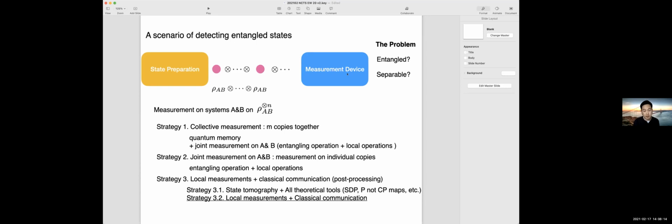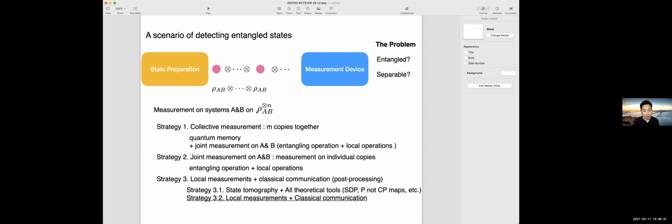And now we have a device which performs measurement on these quantum states, and we want to know if the state is entangled or separable. Maybe knowing that a state is entangled is more important than knowing the state itself, because entangled states are useful in general, also as a resource in quantum information processing.